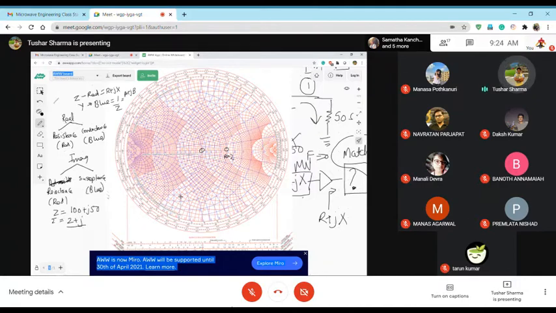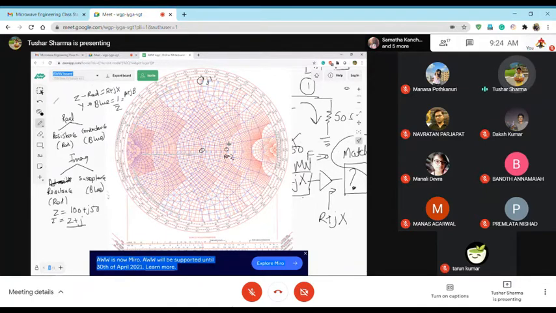Okay. So now I know what my R is. Now I have to find J, and the value of reactance is 1. So let's try to find J equal to 1 circle. So this is J equal to 2, J equal to 1.8, 1.6, 1.4, 1.2, 1.1. So this one is J equal to 1, the reactance is J1. Okay.